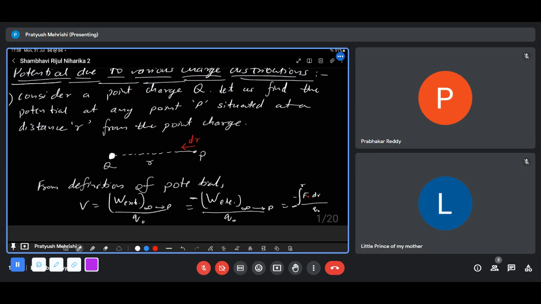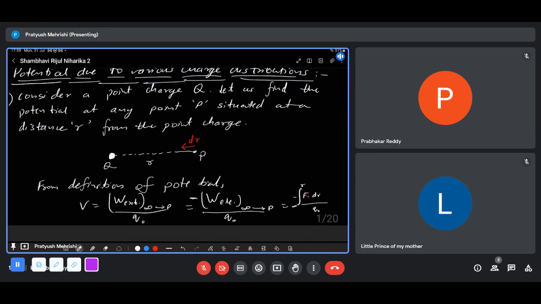Potential at point P will be the total work done by the external force for bringing that charge from infinity to the point P. Now if we are bringing a charge small q, or let us say q naught, then the potential will be given by dividing the total work done by the magnitude of charge that we have taken.